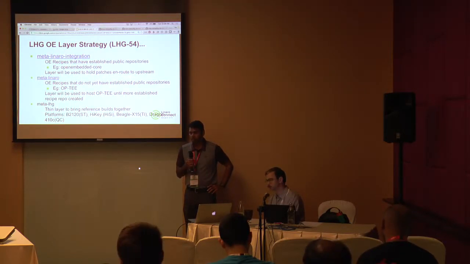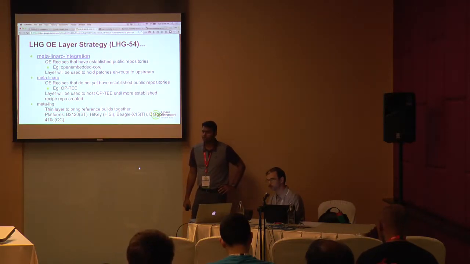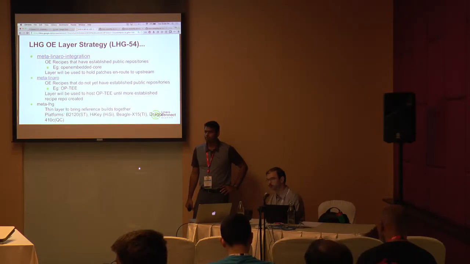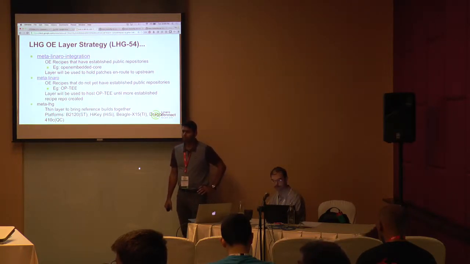So just maintain it in Meta Linaro. Now, if you have utilities that are specific to OptE, where Linaro is the upstream for those, you might have those utilities. So for those, you should have things in Meta Linaro. That's what Meta Linaro is for.